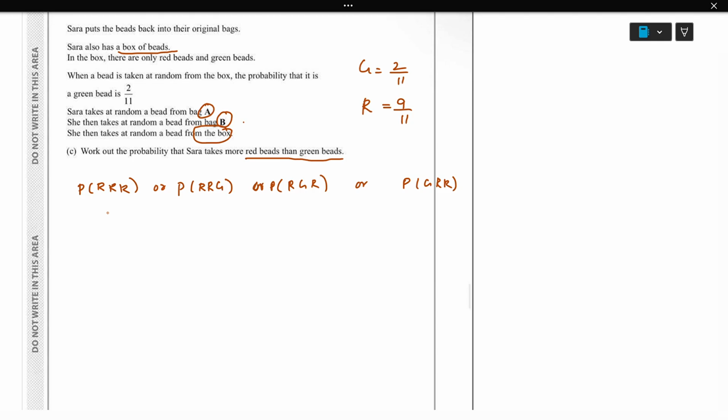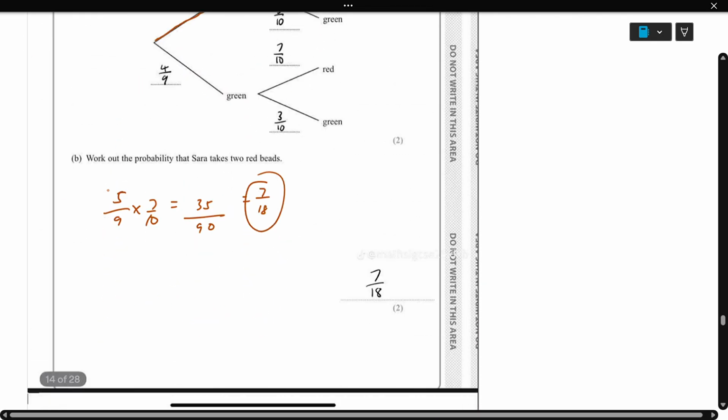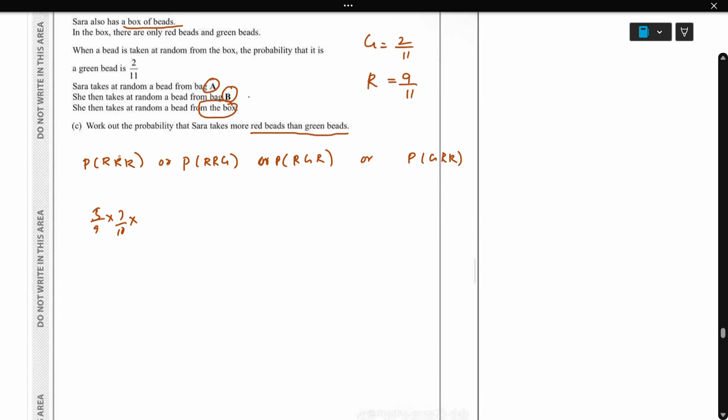So for the first one, the first 2 are always from the bag, and the last one is from the box. The first one I'll take here, probability of red and red. Red and red is going to be 5 by 9 and 7 by 10, and the third one from this box, which is 9 by 11.